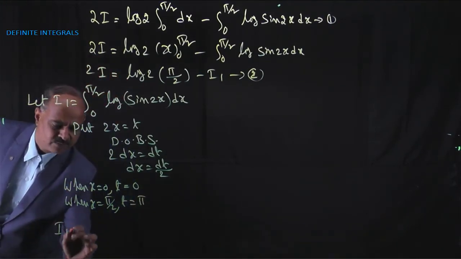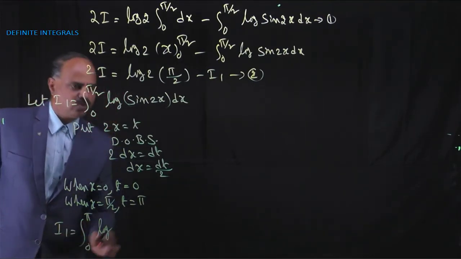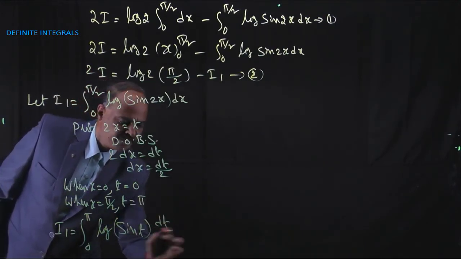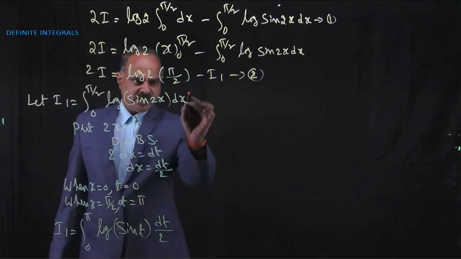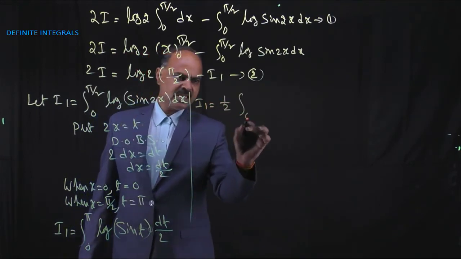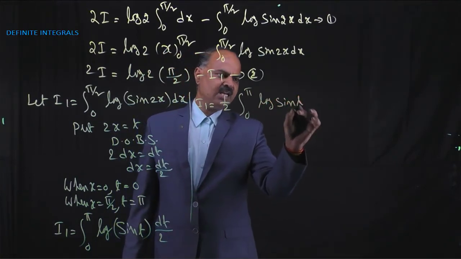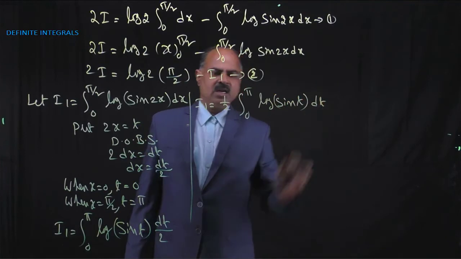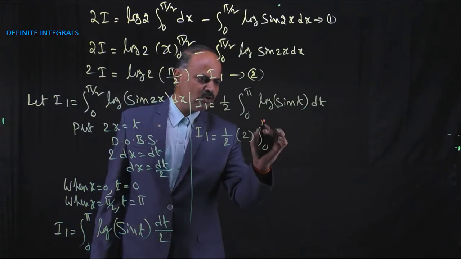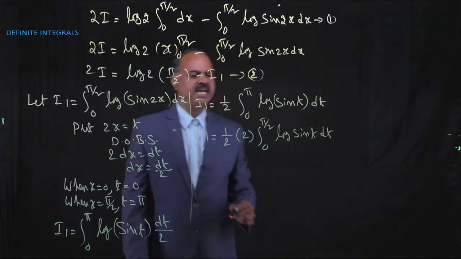Now I1 becomes integral 0 to pi of log of sin t into dt by 2. So I1 equals 1 by 2 into integral 0 to pi of log sin t dt. Now I1 equals 1 by 2 into integral 0 to pi by 2 of log sin t dt.